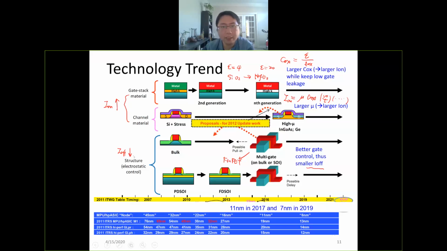That is to maintain the benefits of scaling. As you scale, you get better performance. As we discussed, on-state current and off-state current will determine most of the performance metrics, like your delay and power. So those are the performance of your circuits.